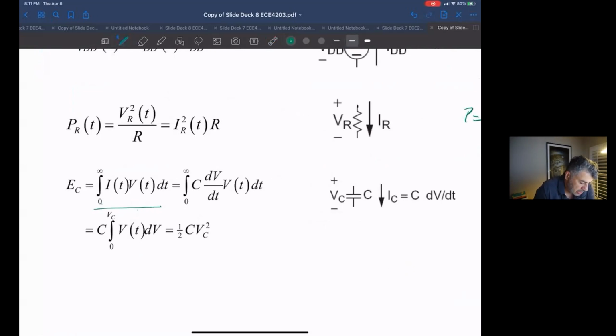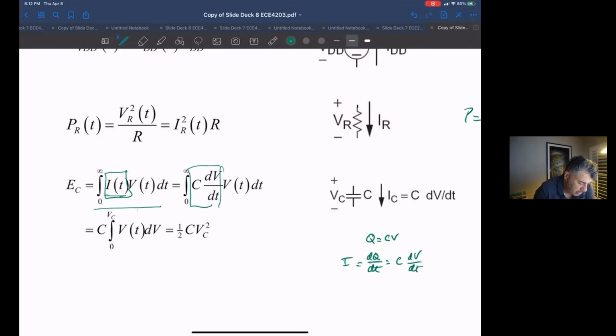Because Q is equal to CV, dQ/dt is C dV/dt. That's I, so you can replace I of t with C dV/dt here.